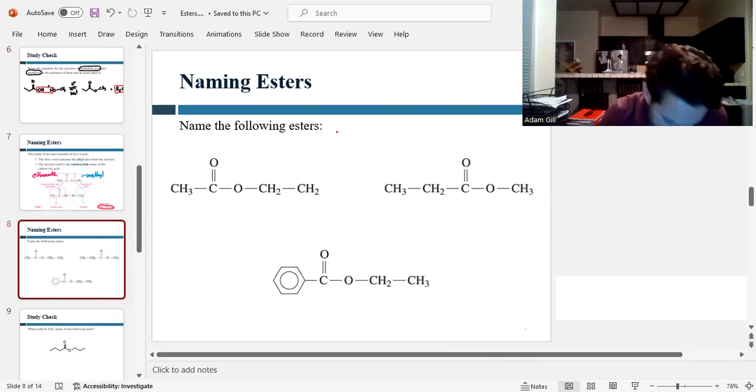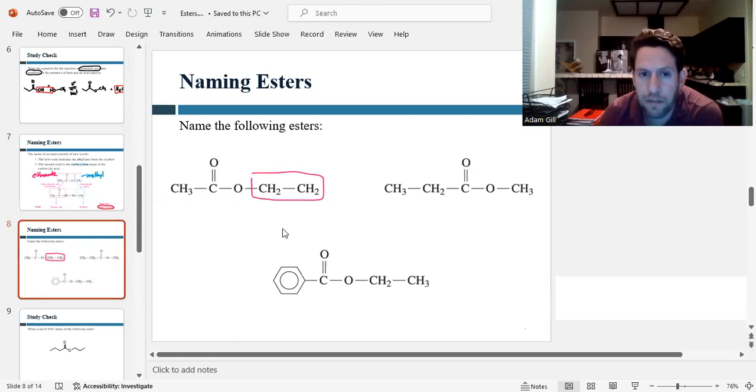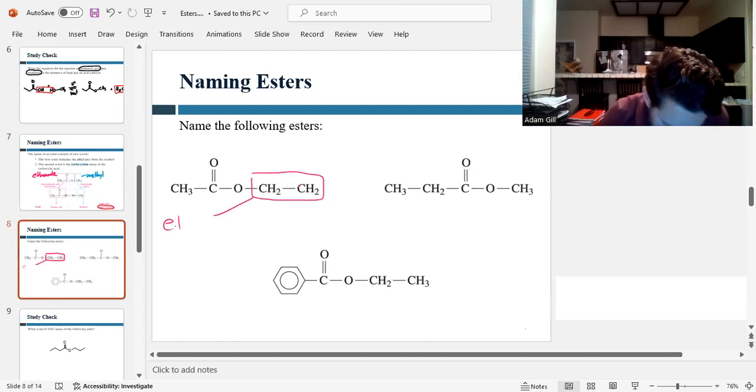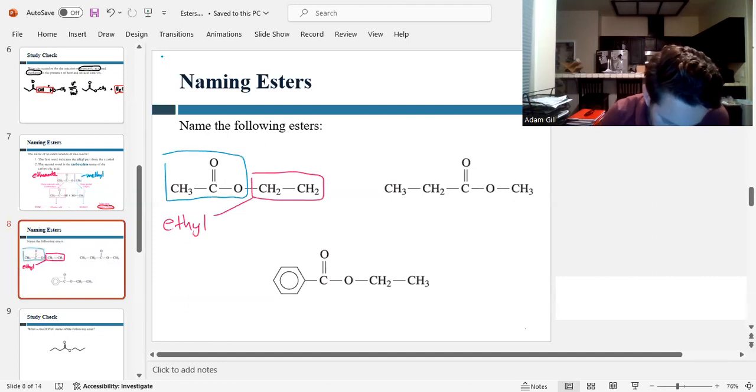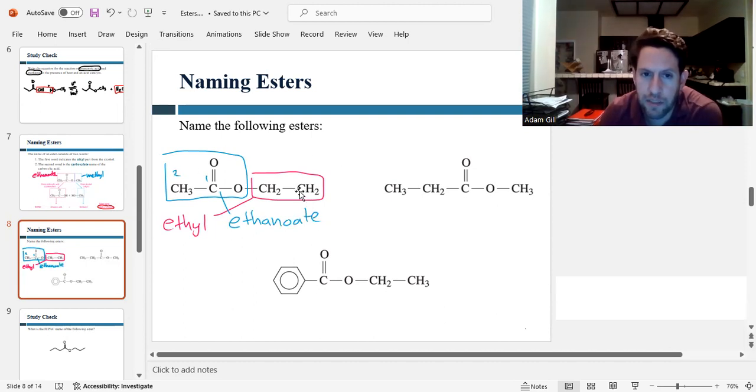So let's break it down. We want to name the carbon chain coming off of the oxygen first. So 2 carbons, this would be ethyl. And then the carboxylate has 2 carbons, and so that would be ethanoate. So the name of this ester is ethyl ethanoate.